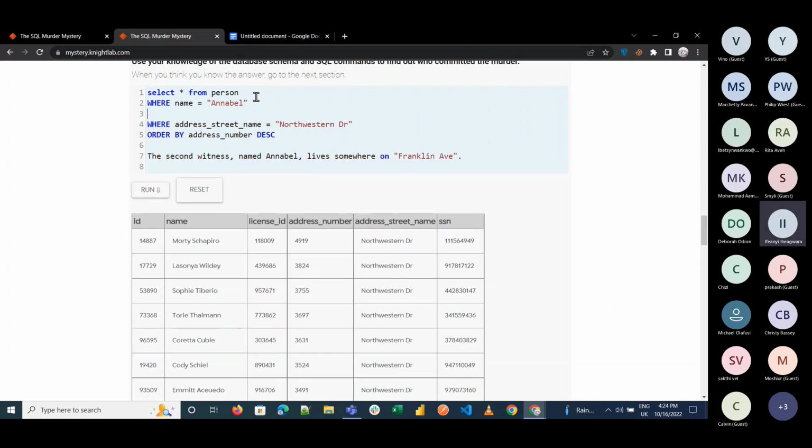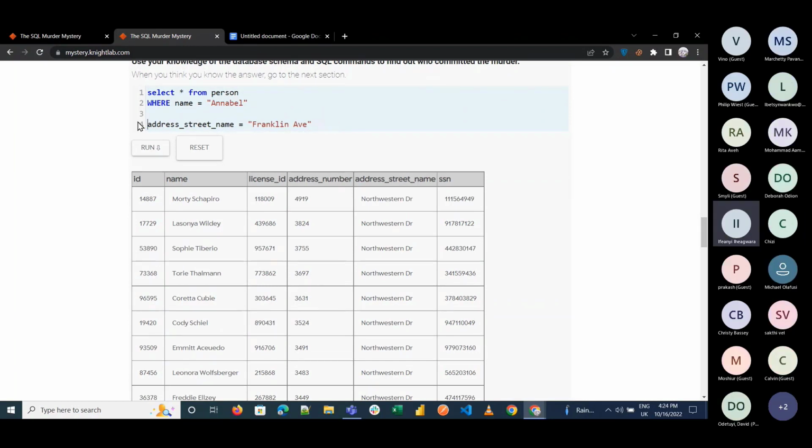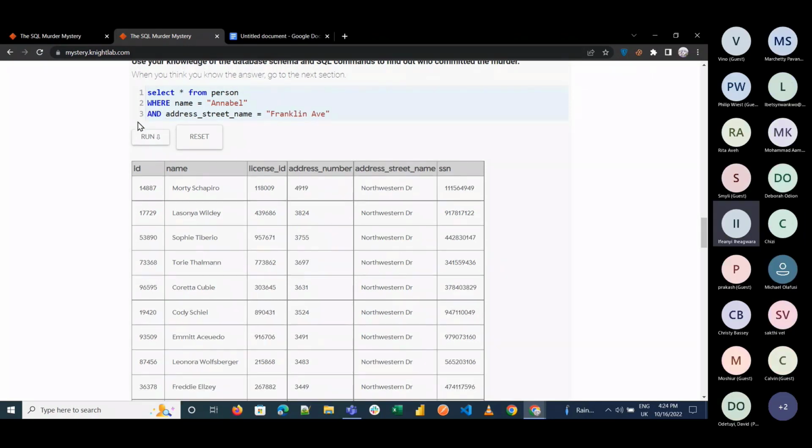We also want where the person lives on the street as well, so we need to replace the street with this other street. We also don't know the house number of Annabelle, and where we have WHERE statements, we're also going to wrap this up with AND.